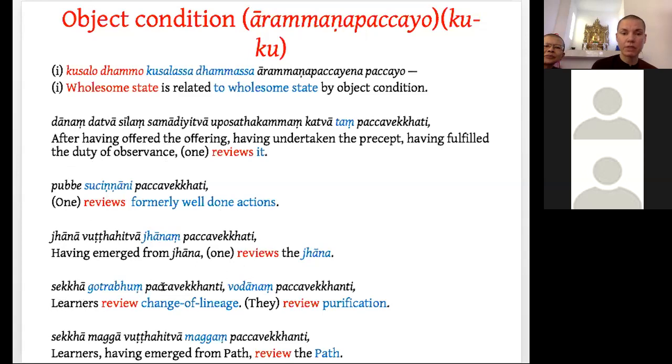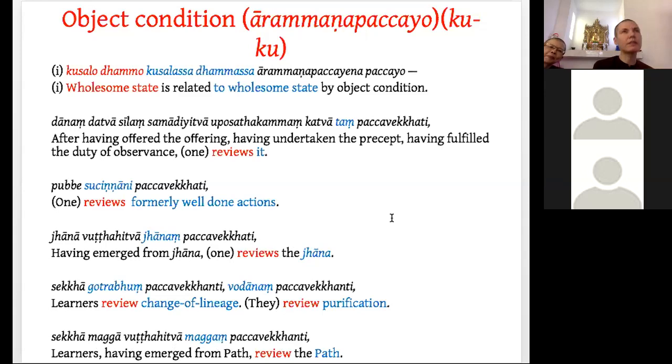Sekkhā gotrabhuṃ paccavekkhanti, vodānaṃ paccavekkhanti. Learners review change of lineage, they review purification. And sekkhā maggā vuṭṭhahitvā maggaṃ paccavekkhanti. Learners having emerged from the path review the path. Maybe some or many words are unknown, never mind. But the main thing you can see here is when the mind reviews a previously done wholesome action.